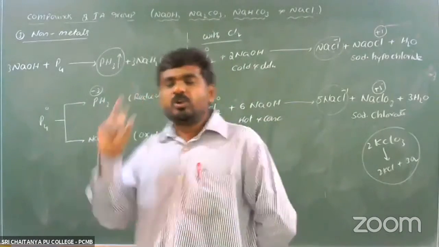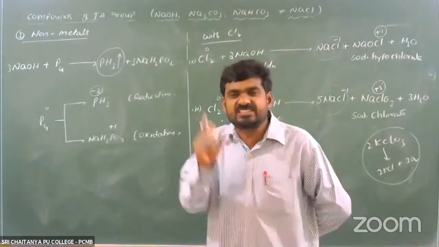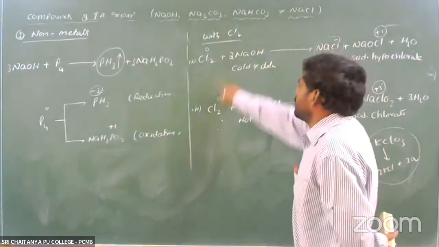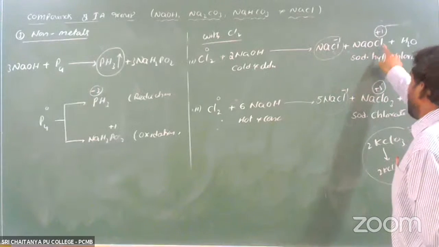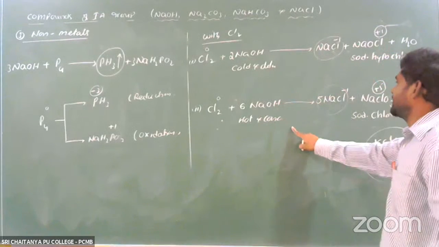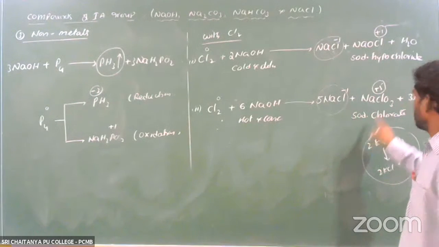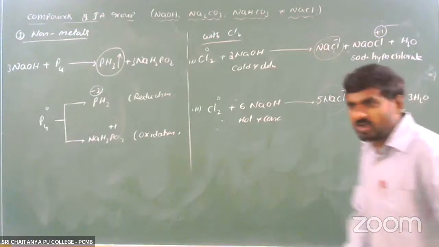When fluorine reacts with hot and concentrated NaOH or KOH, the gas liberated is oxygen. Here chlorine or bromine or iodine forms halides and hypohalites. With hot and concentrated, it forms halide and halate. If we take bromine, sodium bromate is formed. If we take iodine, sodium iodate is formed.